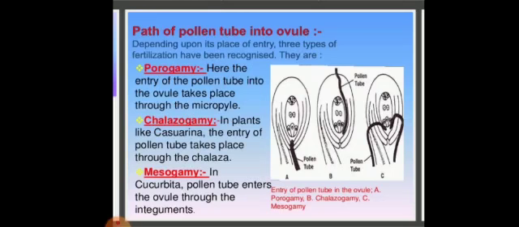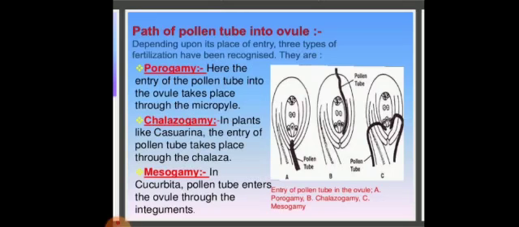In plants like Casuarina, the entry of the pollen tube takes place through the chalaza. These pollen tubes enter through the chalazal end inside the ovule, and this is called chalazogamy. The next term, mesogamy. In Cucurbita, the pollen tube enters the ovule through the integument.